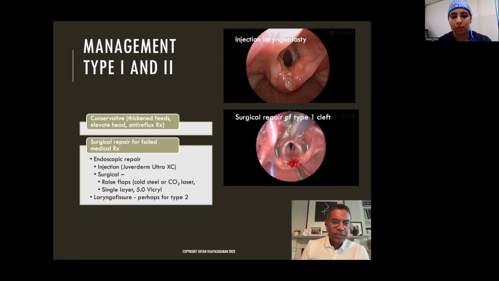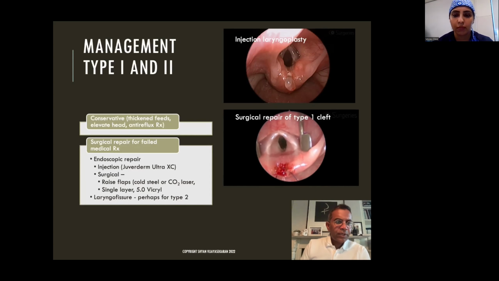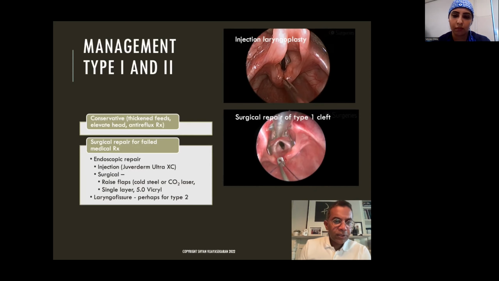Flaps are raised using a CO2 laser or cold steel, and then a single layer of suture using a 5-0 Vicryl is used to close the defects. Very rarely, type 2 laryngeal clefts may require a laryngofissure.